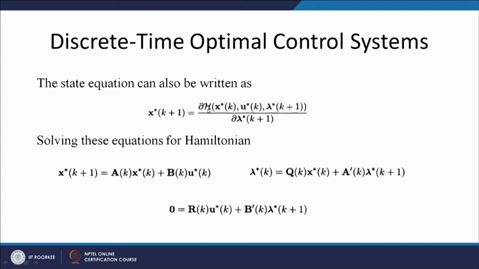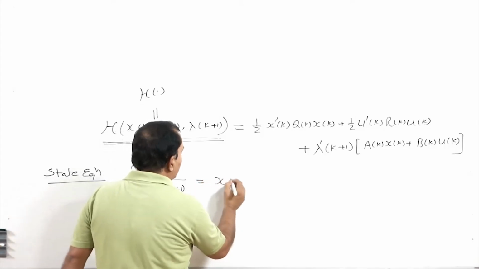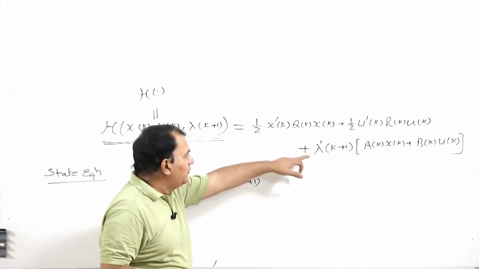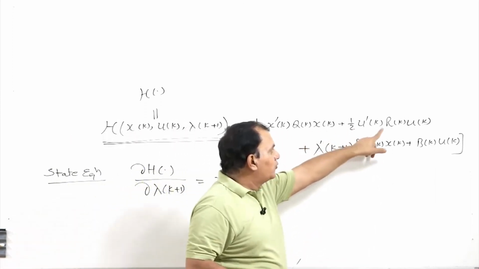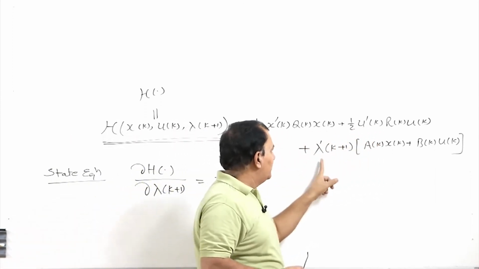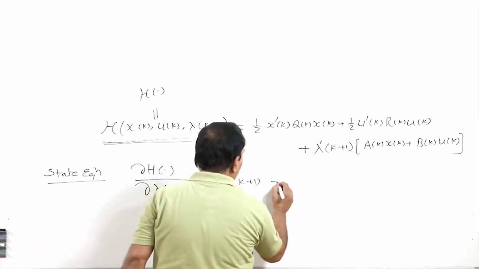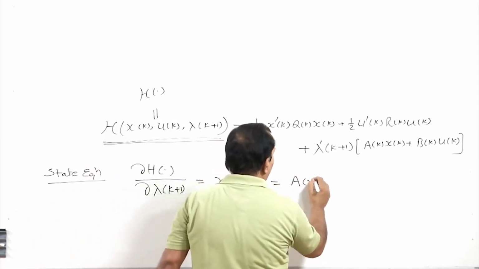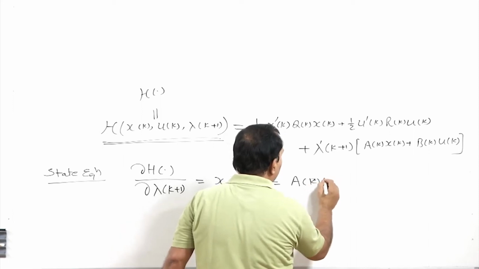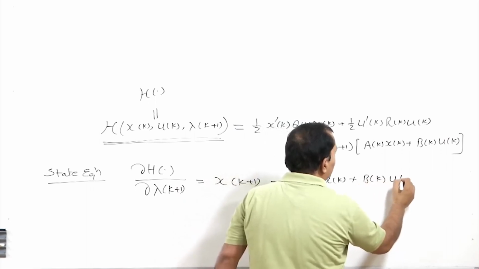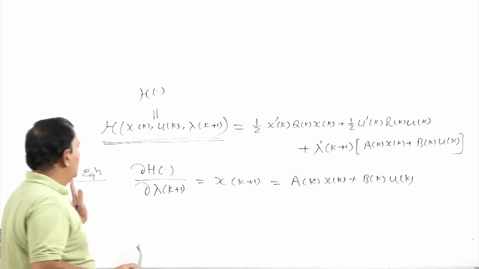So, I have to differentiate this with respect to lambda k plus 1, and this gives me nothing but my x of k plus 1. If I differentiate this with respect to lambda k plus 1, the first two terms are independent of lambda, and the last term is lambda prime k plus 1. So, by this differentiation I will get A k x k plus B k u k, which is nothing but my state equation.